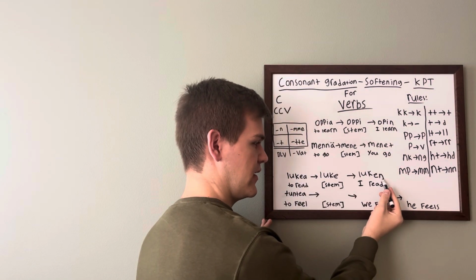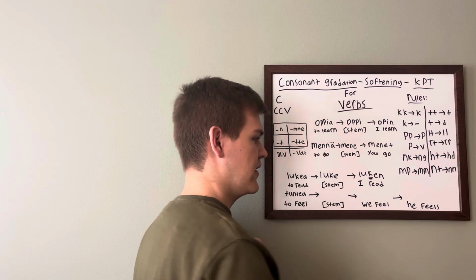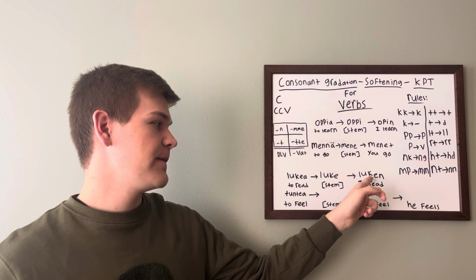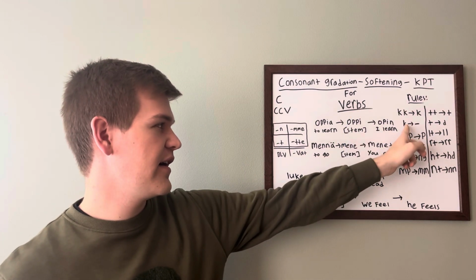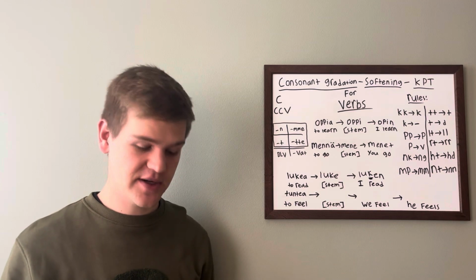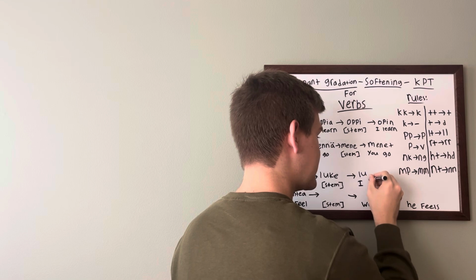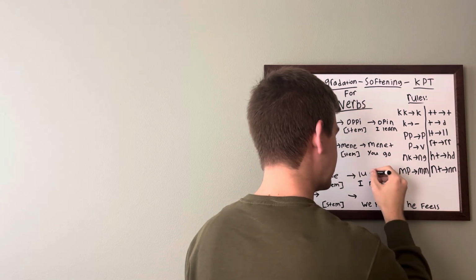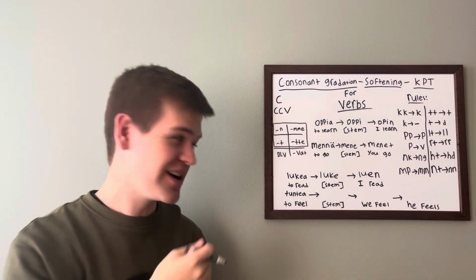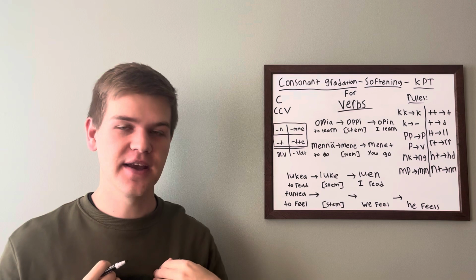And then we're going to check for the first consonant before our ending, which is going to be this K. Then we can look over to our chart. K goes to nothing. Like I said, K just completely disappears from the word. So we don't replace it with anything. We just take it away, which leaves us with luen. You just take that K completely away. Luen. So lukea is to read, luen is I read.